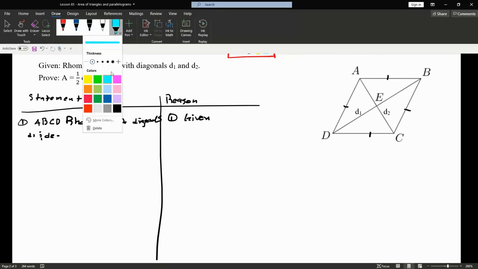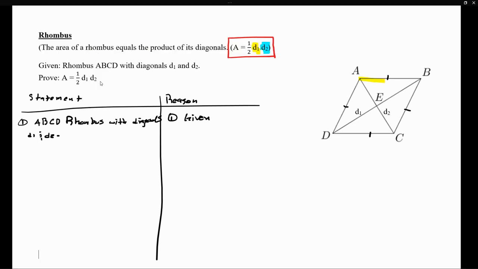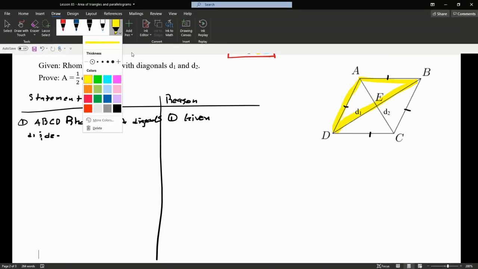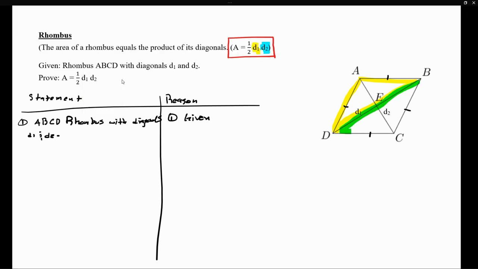So therefore, if I concentrate on this triangle and this triangle, notice that now I can say that those two triangles are congruent to each other.